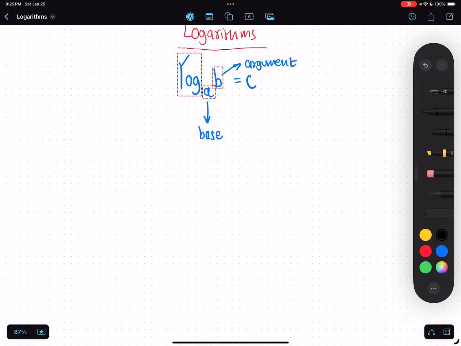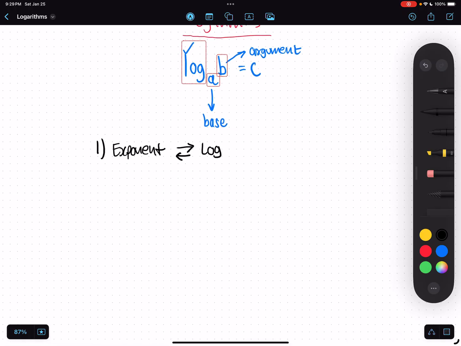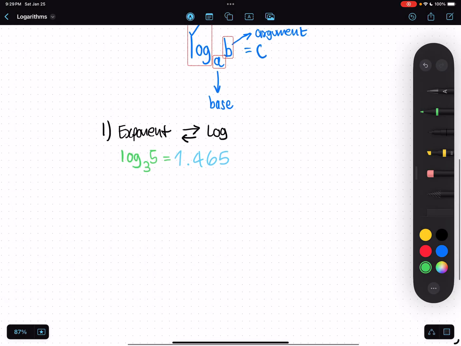It's the law in which you can change an exponential equation to a logarithm and you can change it vice versa. What I mean over here is that let's say you have an exponential logarithmic equation log 3 5 is equal to this.